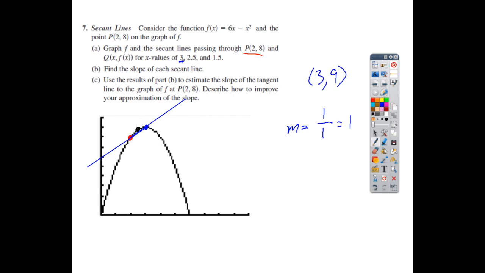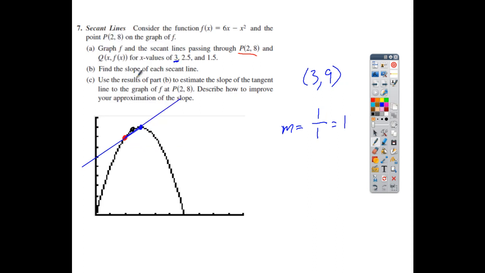I need my pen modifiers again. And I'm going through this line. That is getting closer to the slope. It's a better approximation than the one was with the blue line. Would you agree?